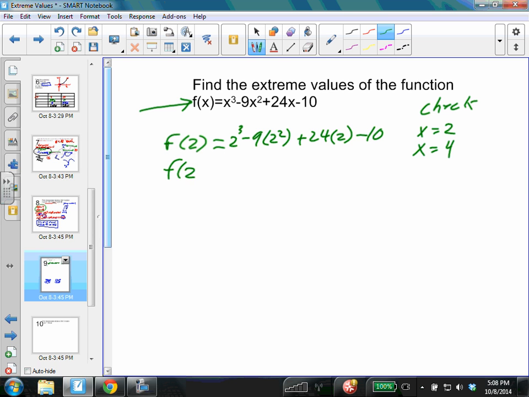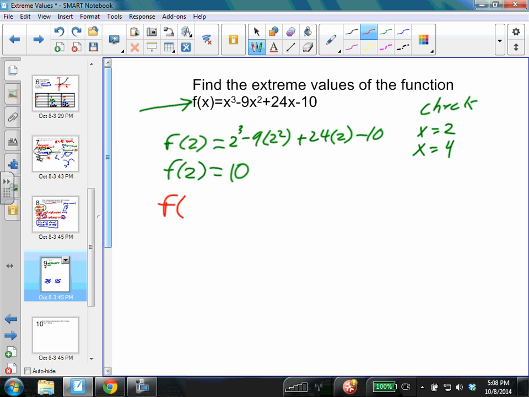So f of 2 is, you can put that into your calculator really quick. Okay, and I'm getting 10 whenever I do that. So when x is 2, we get out 10.